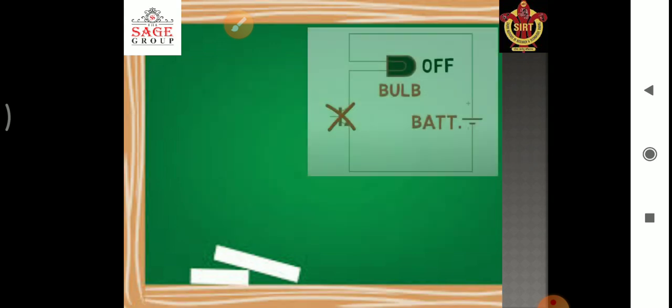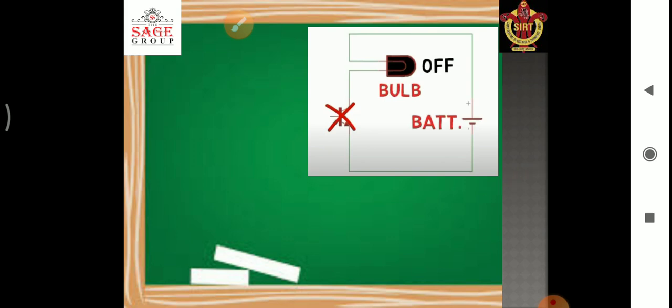Now, another example. In this circuit we connect a transistor, and also a bulb and a battery. If we connect the transistor and don't apply any supply, the bulb is off.